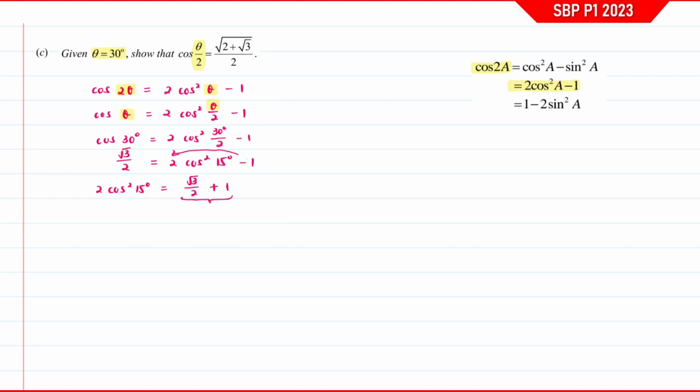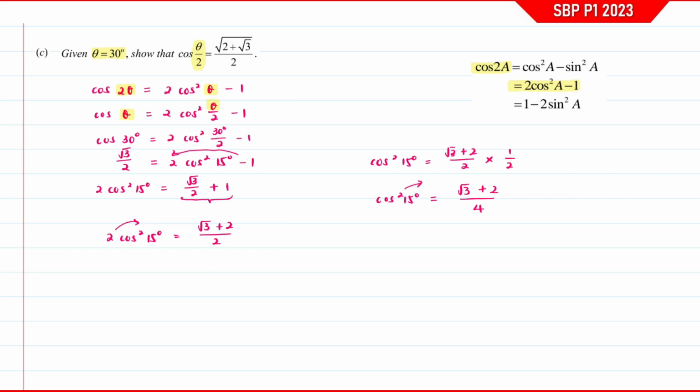Next, I'm going to combine this as a single fraction. So 2 cos square 15 degree is equal to square root 3 plus 2 over 2. Then move this 2 to the other side. It will be cos square 15 degree equal to square root 3 plus 2 over 2 times 1 over 2. So the answer here is equal to square root 3 plus 2 over 4.